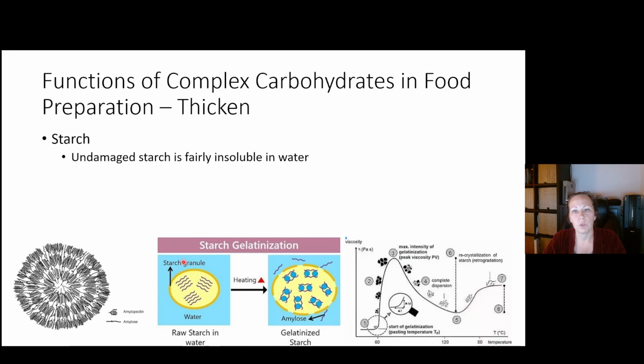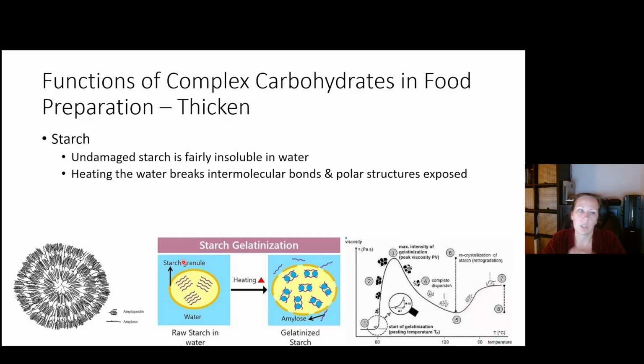But if you heat the water, or heat the solution, then it breaks the intermolecular bonds that are between the amylose and the amylopectin, right, of the starch granule, and exposes the polar structure. So remember that these starches are composed of glucose, and glucose has lots of hydroxyl groups, which are polar.